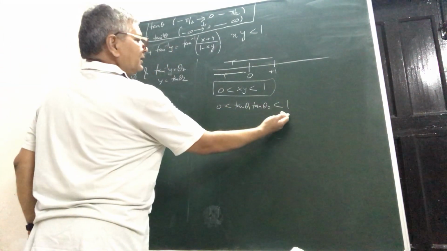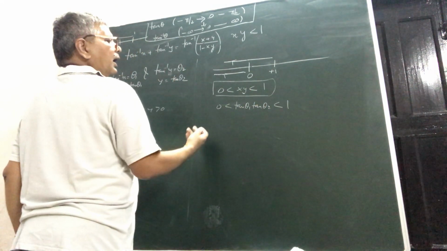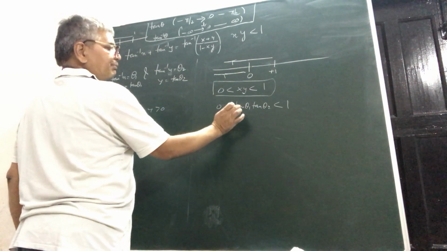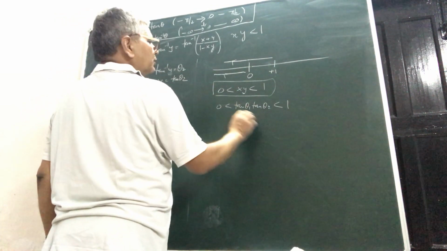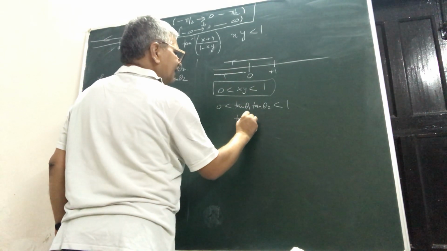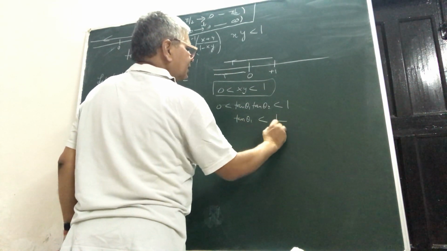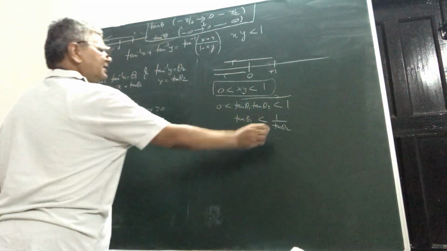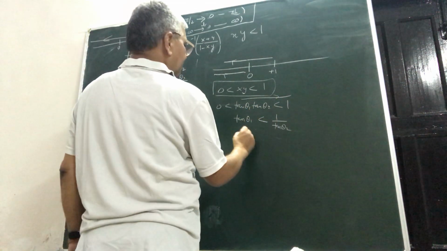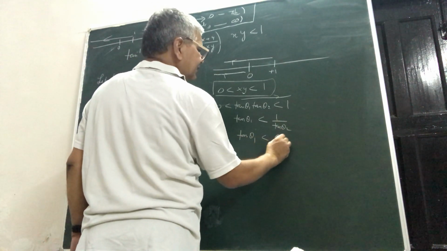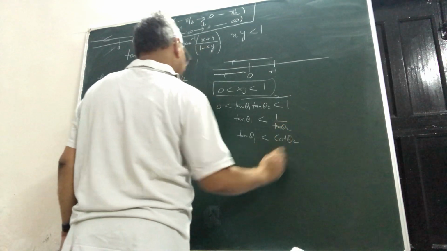Remember x is tangent theta 1, positive. So what this gives you is tangent theta 1 is less than 1 upon tangent theta 2. This left-right inequality implies this. So tangent theta 1 is less than 1 upon tangent theta 2, which is cot theta 2.